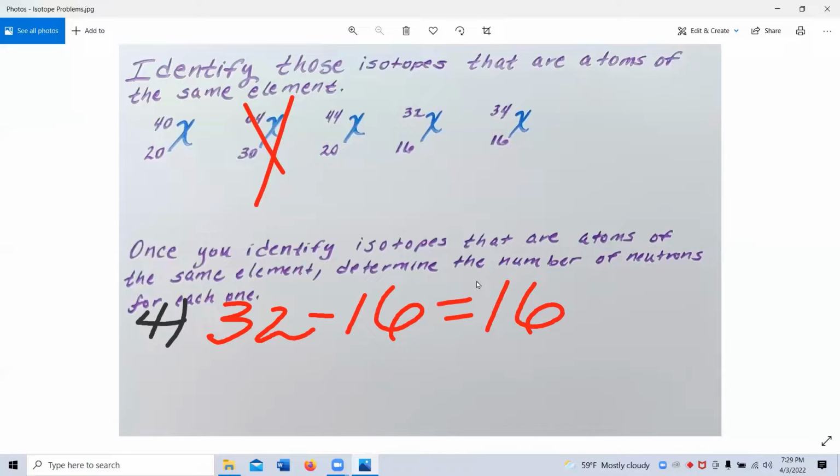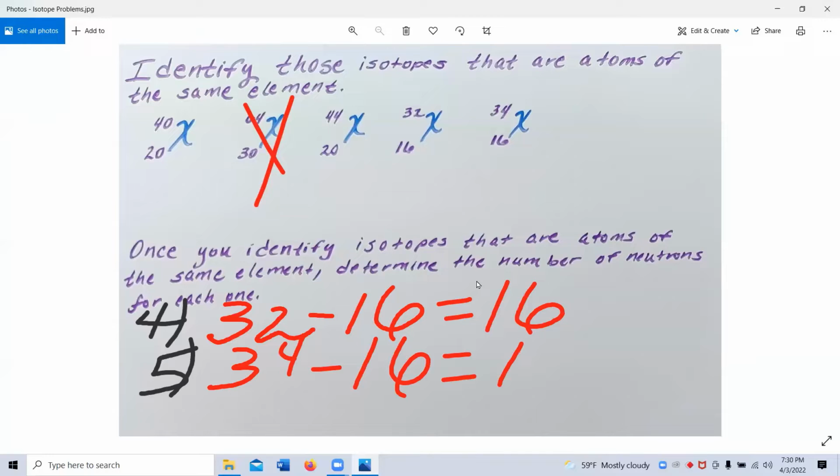Now, let's look at the 5th element up there. Once again, take the difference between the nucleon number and the atomic number, which is 34 minus 16, which gives you 18. Now, look at this.